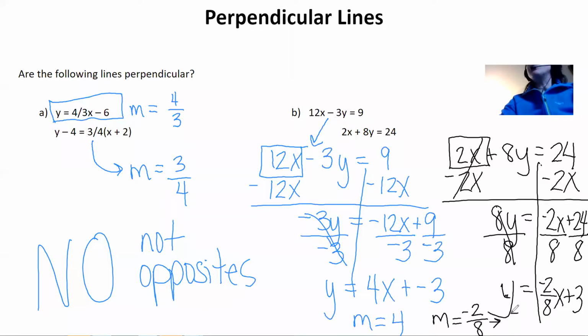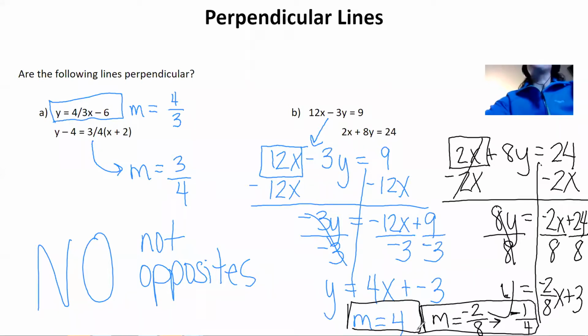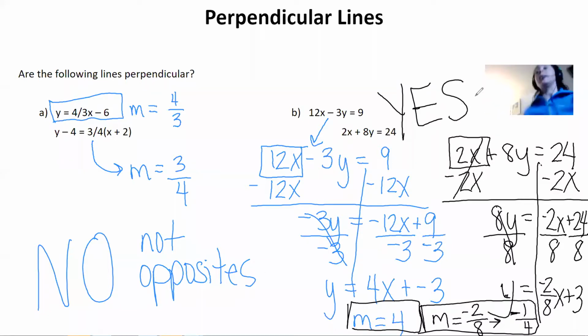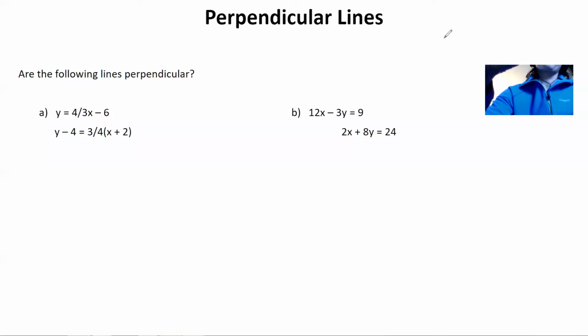But it actually reduces to negative 1/4. So look, we have 4 for our first one. And once we reduce the second slope, we do get negative 1/4. So this one, yes, they so are perpendicular because they are opposite reciprocals of one another. Remember, you need both.